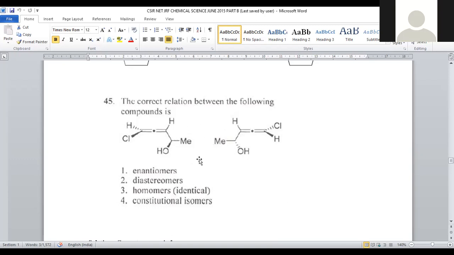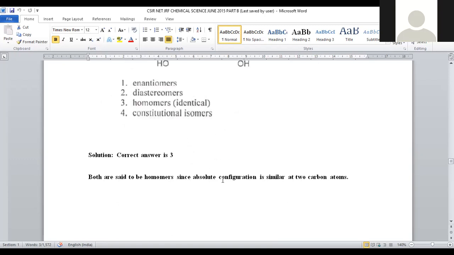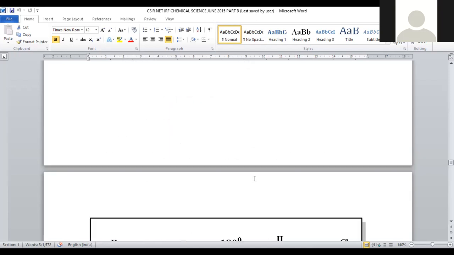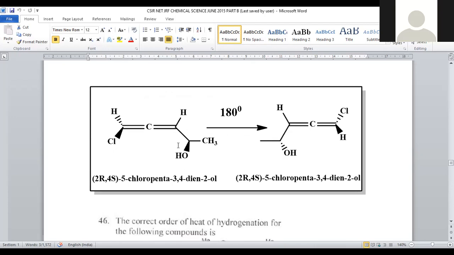And one more factor is there in order to predict the relation, that is absolute configuration prediction, the RS notation. Let us see. In compound 1, where OH is present on the right-hand side, this is a chiral center. You can clearly say this is a chiral center, and for a chiral center we can assign the RS notation.